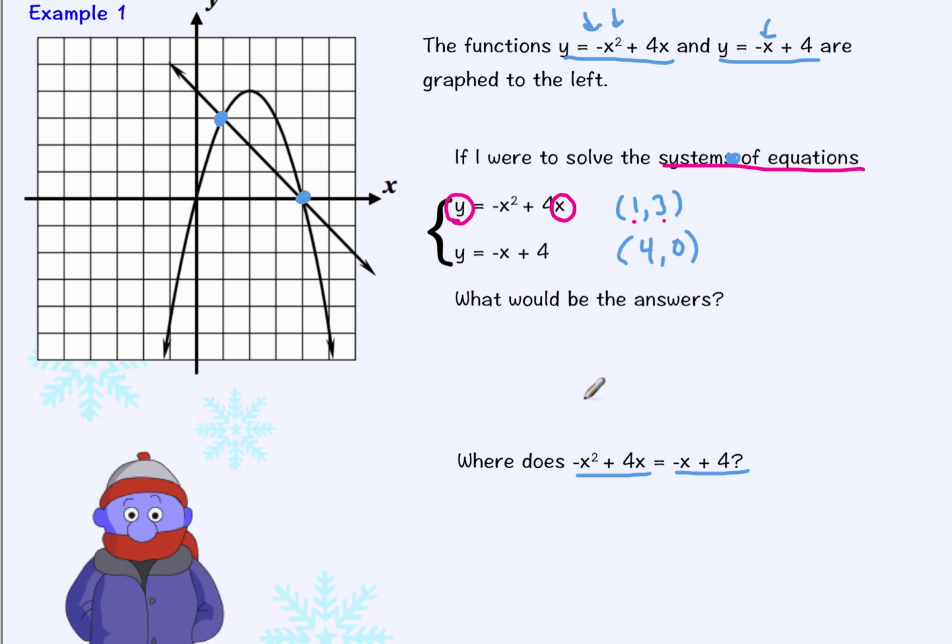But if I look at this, I do not see the letter y anywhere. So this is just asking me what x values make this parabola equal this line. So yeah, it is just as easy, but all I'm looking for are just the x's.